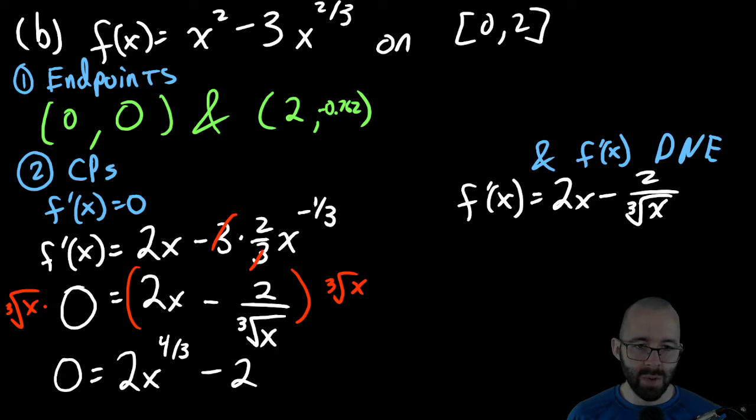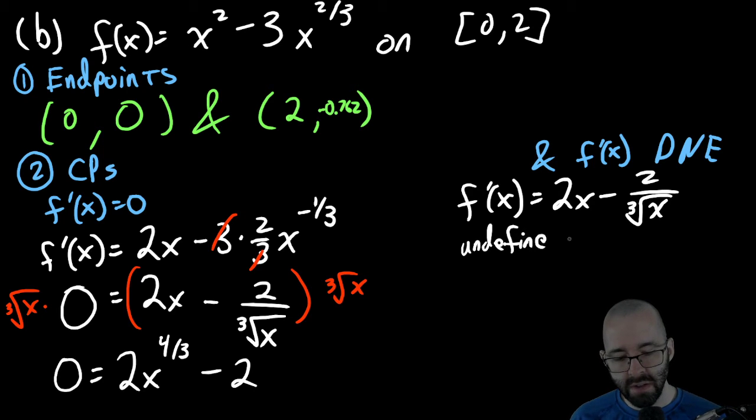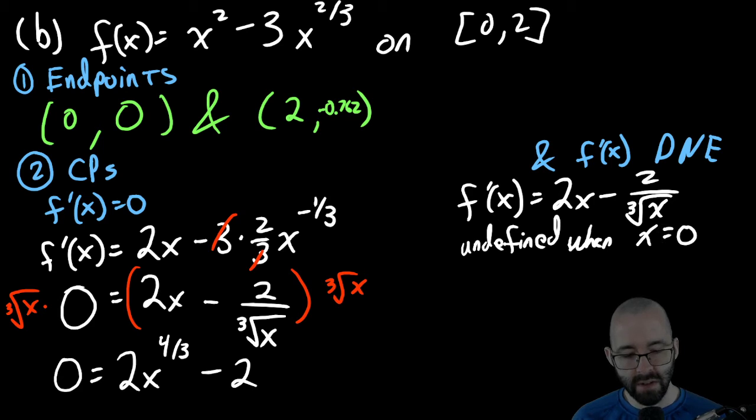But this is not a square root. This is a cubed root. And odd indices, cubed root, 5th root, 7th root, odd indices are perfectly fine to take roots of. But we also don't want to divide by 0. This is undefined. When we divide by 0, that's when x is equal to 0.